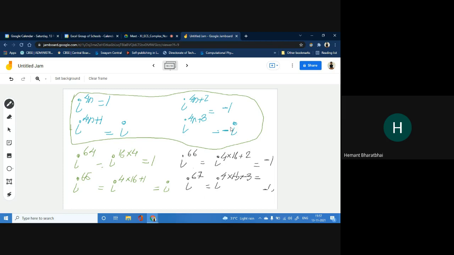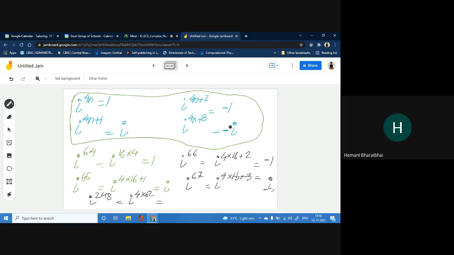Say i raised to 67. So i raised to 67 can be written as i raised to 4 into 16, that is 64, plus 3. i raised to 67 is going to give me the answer as minus i. Similarly, 248 can be written as 4 into 62, since 62 fours are 248.